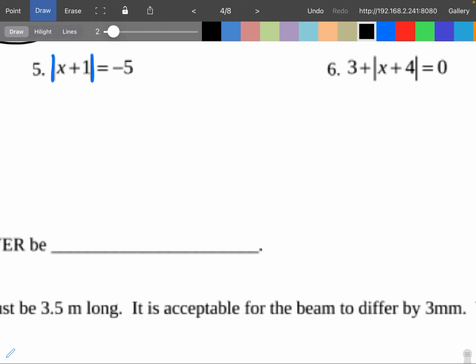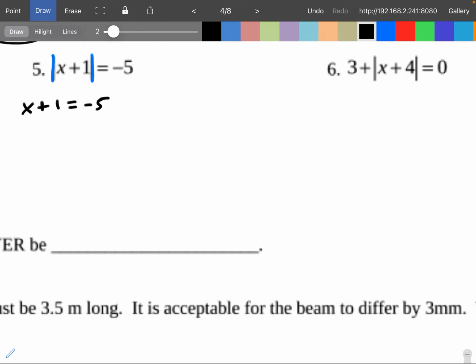Yes. Okay, so then I can break it down into the two cases right away, right? So somebody raise their hand, what's going to be the first case? Go ahead. Well, you've got to set up the two equations first. What would the first equation look like? Damien, what do you got? X plus 1 equals 5.